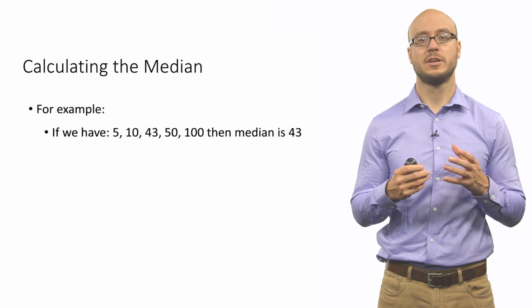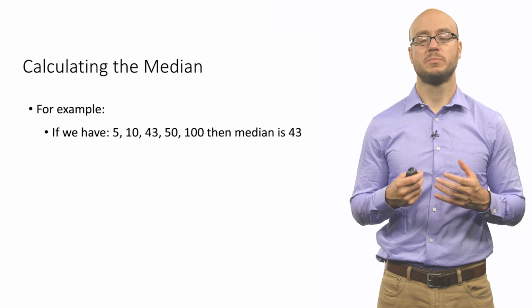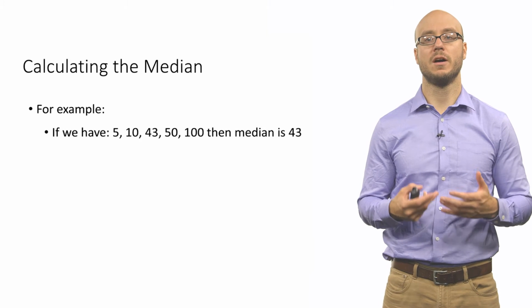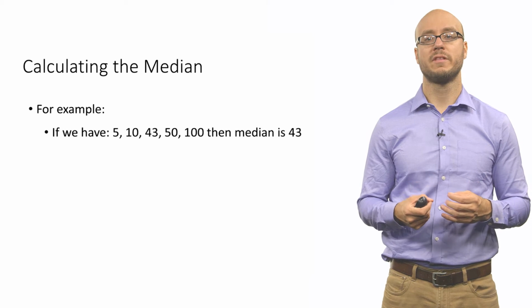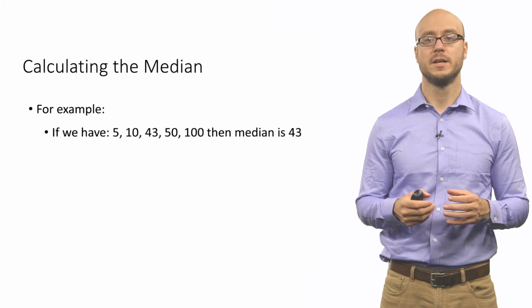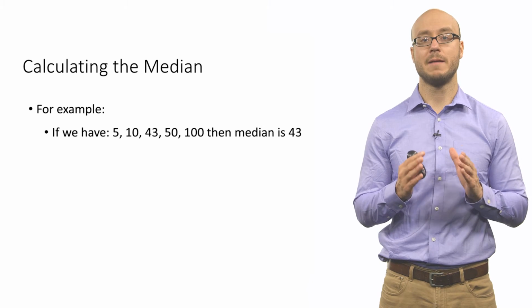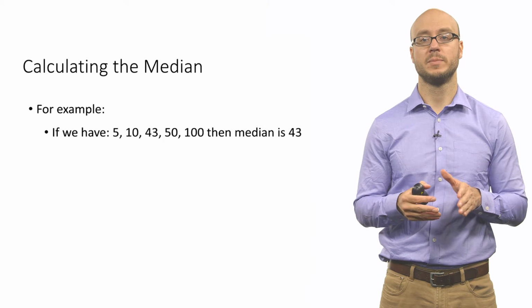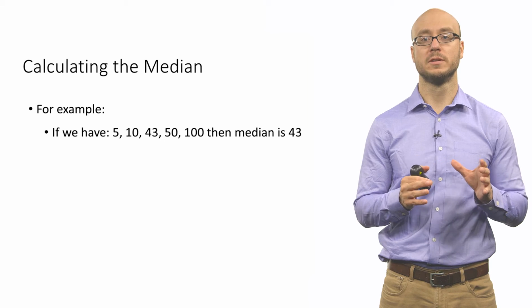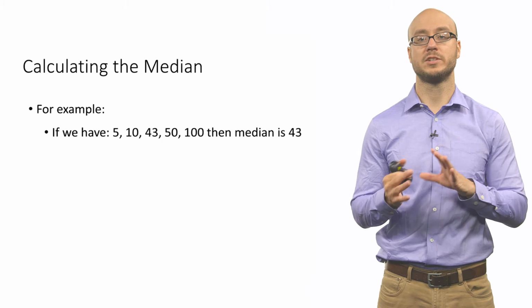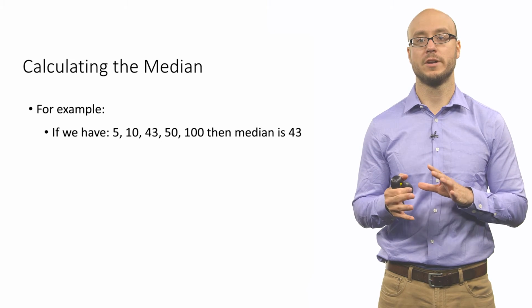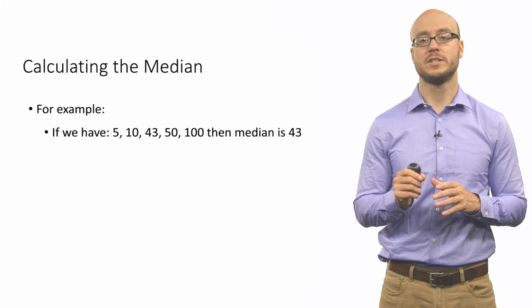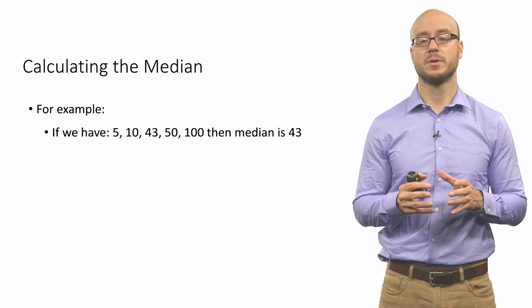So here's an example. Suppose you have a set of observations of 5, 10, 43, 50, and 100. Then the median is simply that middle number, 43, because there are two observations below, 5 and 10, and two observations higher, 50 and 100. So with an odd number of observations, the median is the middle number.